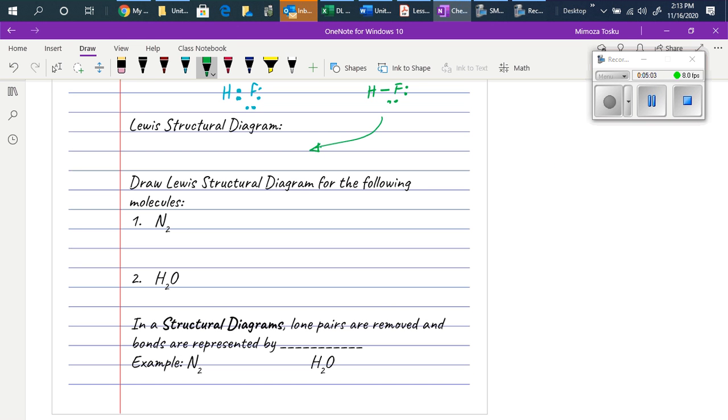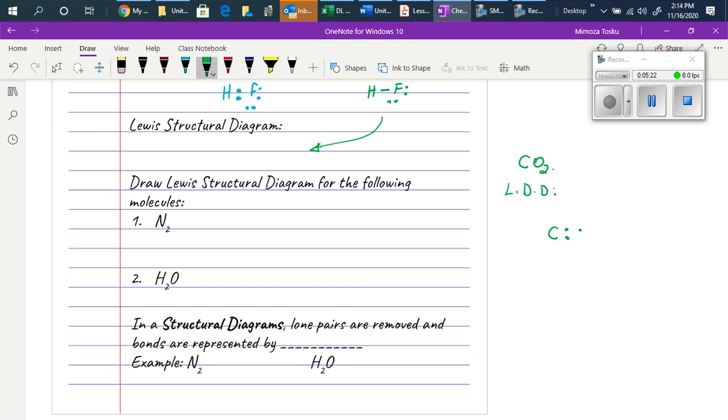Now let's take a look at carbon dioxide. When we see carbon dioxide, the formula is this one here. However, the Lewis dot diagram will be something like this.